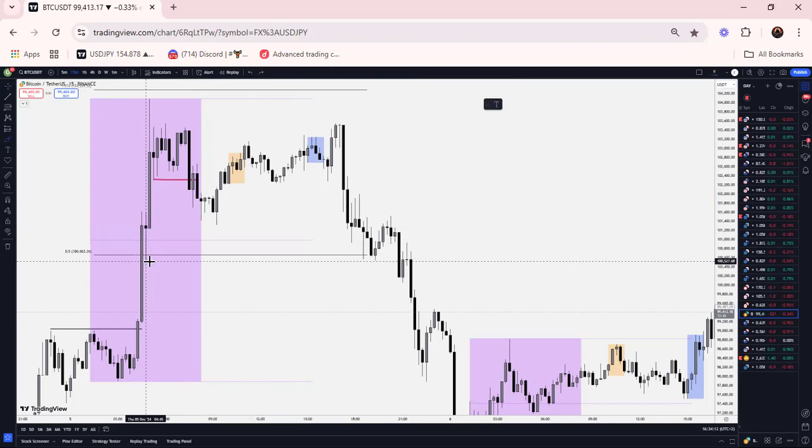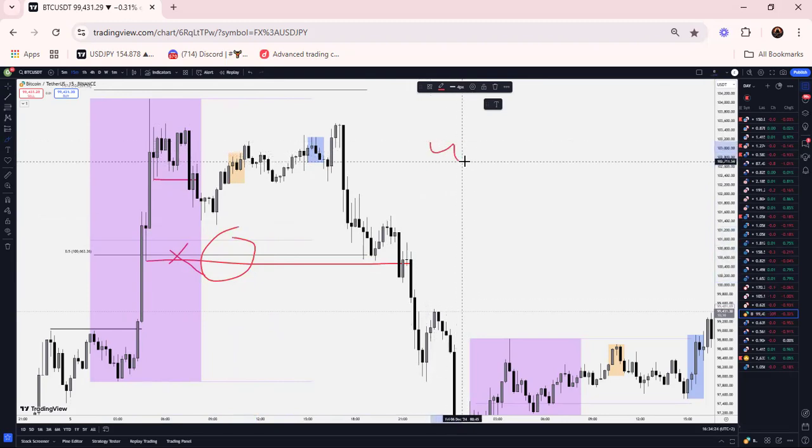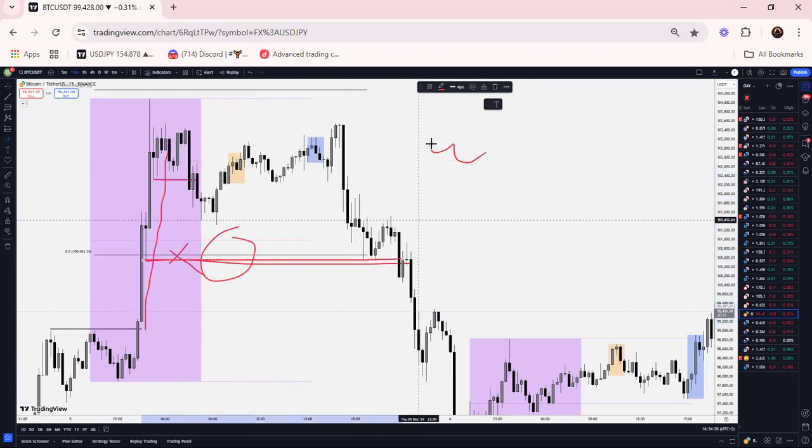But because we have ILTU here, I can't use that one. So that 50% of imbalance can work, but it's not a strong one for us. It's not like liquidity. So if you have imbalance like that and you have a level of liquidity, liquidity is stronger than imbalance. So always look for liquidity.